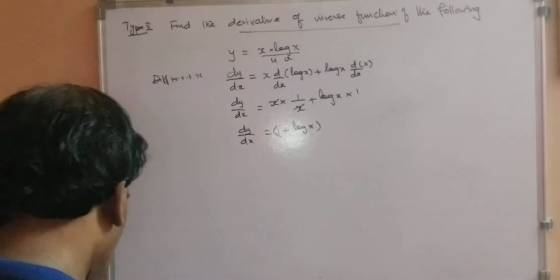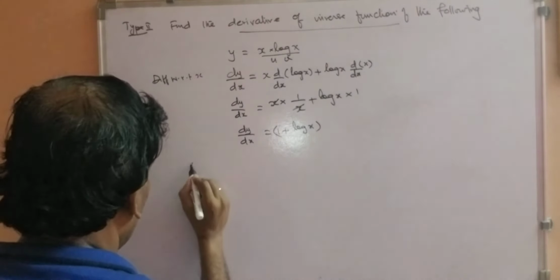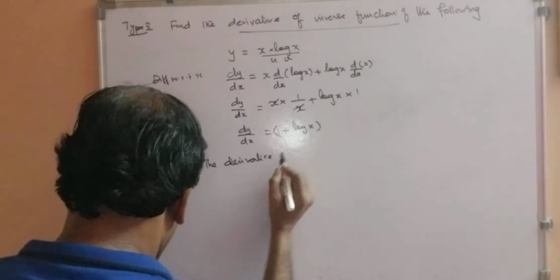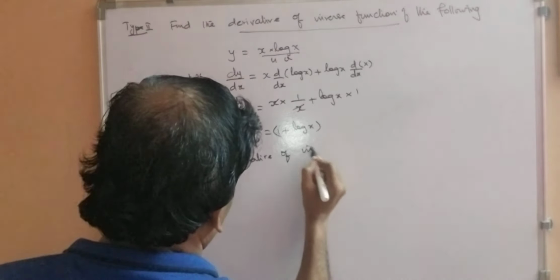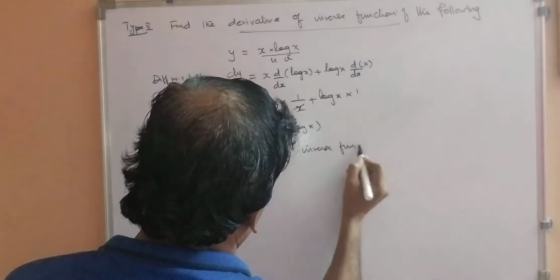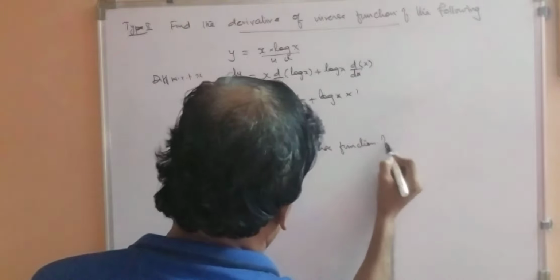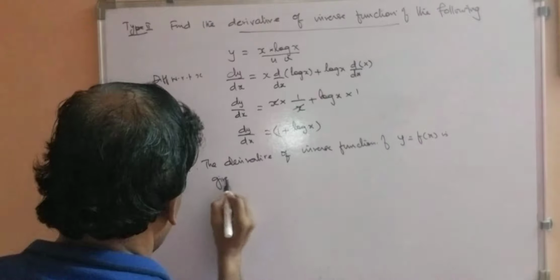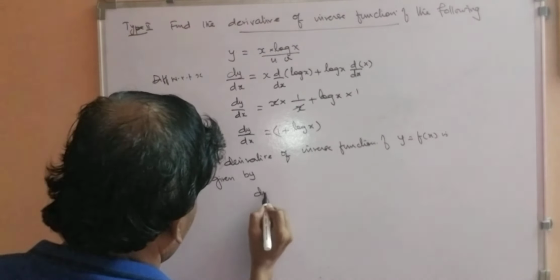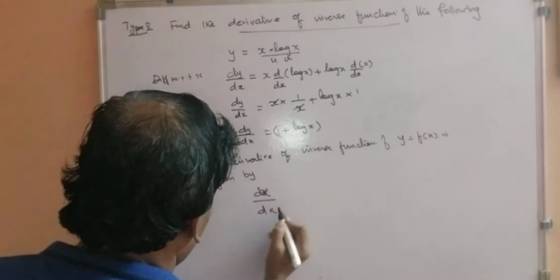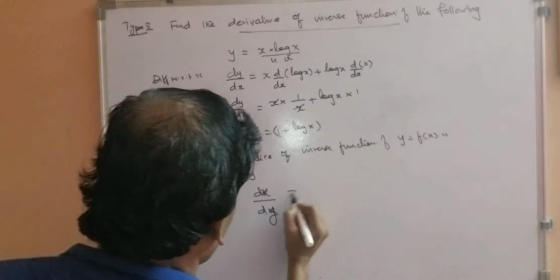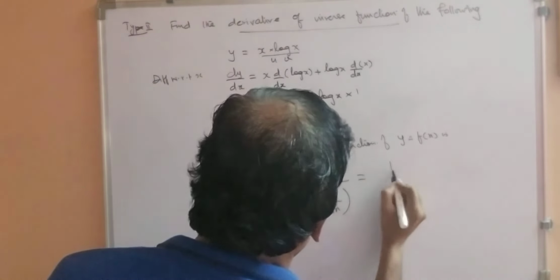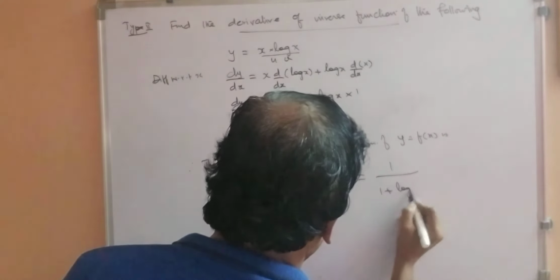Now what we have to do? We have to write the same step. Therefore, the derivative of the inverse function of y equal to f of x is given by dx by dy equal to 1 upon dy by dx, which is equal to 1 upon 1 plus log x.